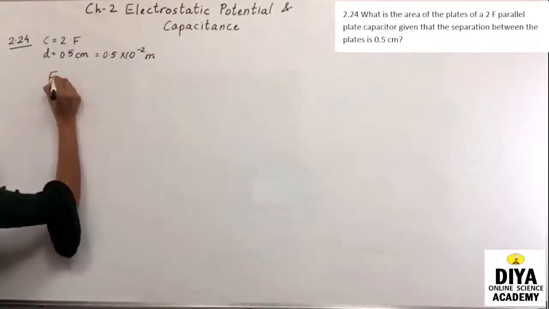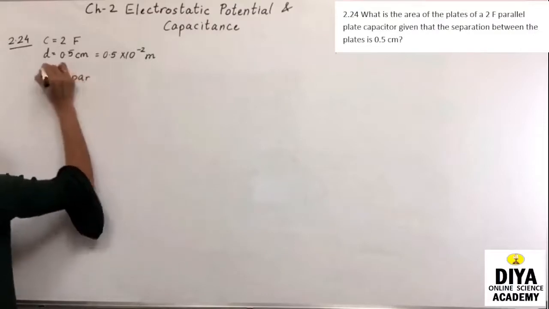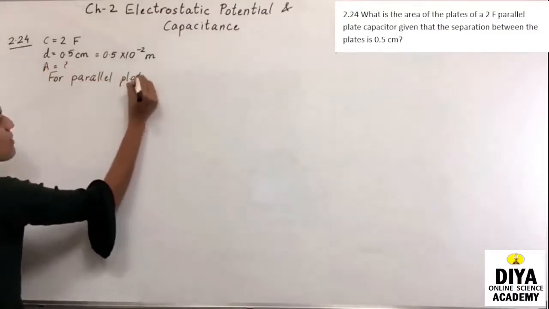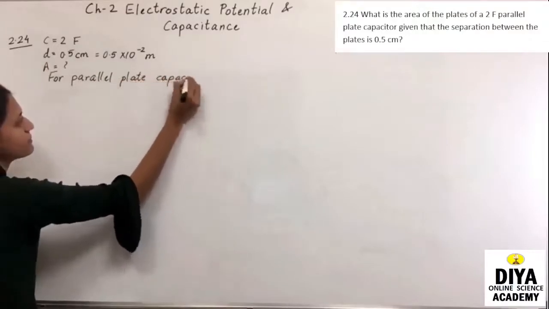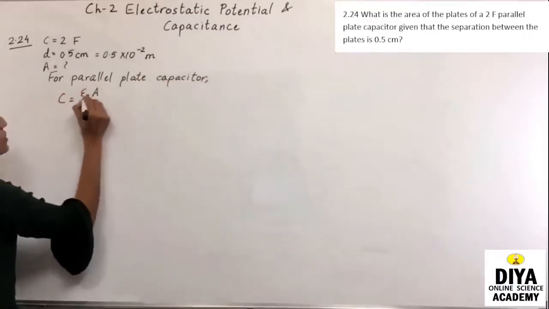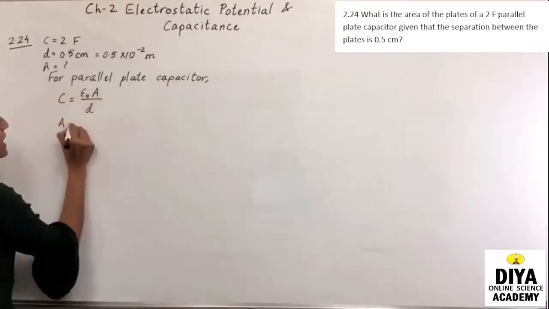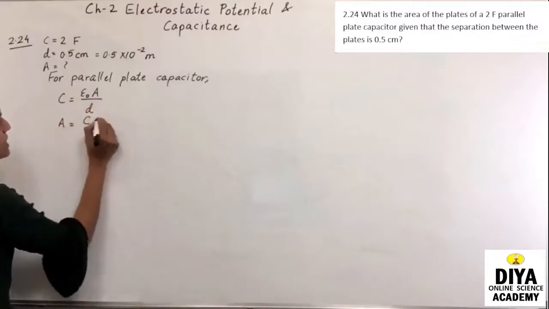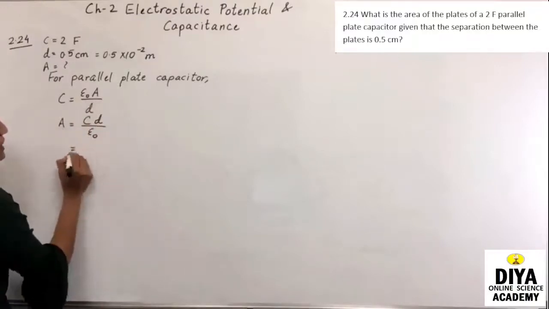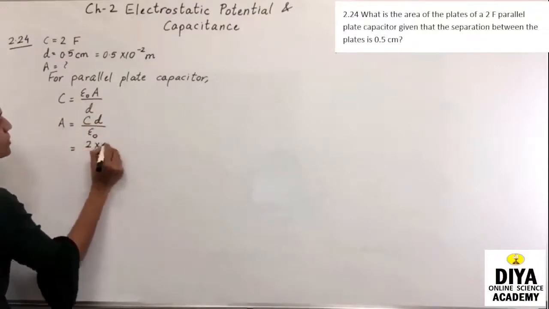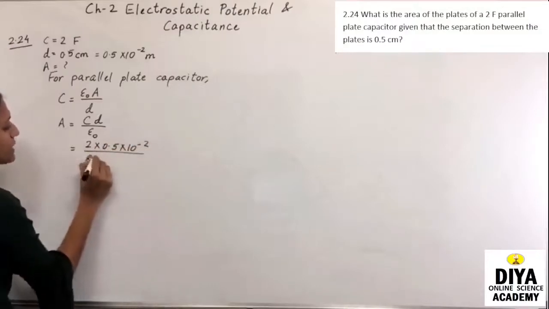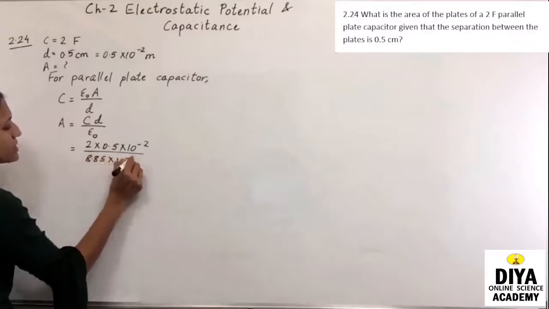So for parallel plate capacitor we have to find out the area of the plate. For parallel plate capacitor, C equals epsilon 0 A upon D. So A equals C into D by epsilon 0 equals 2 into 0.5 into 10 raised to minus 2 by 8.85 into 10 raised to minus 12.